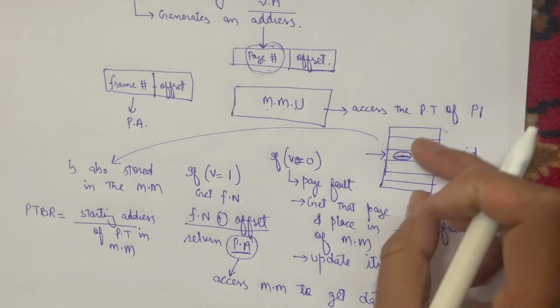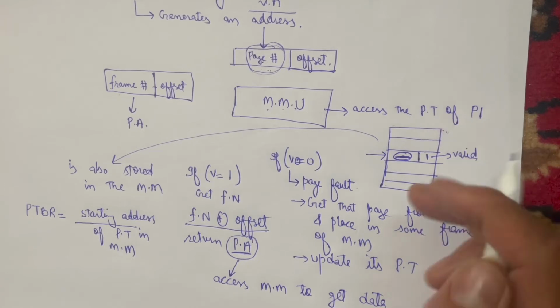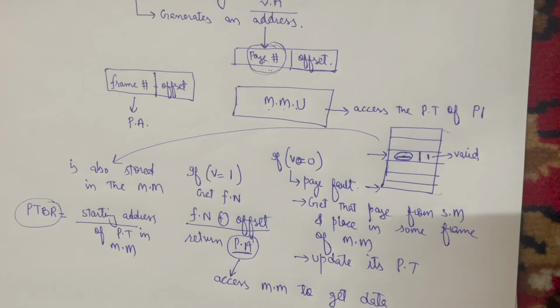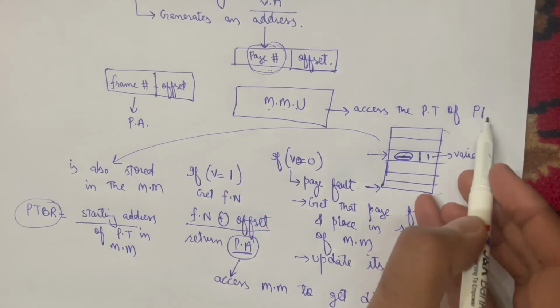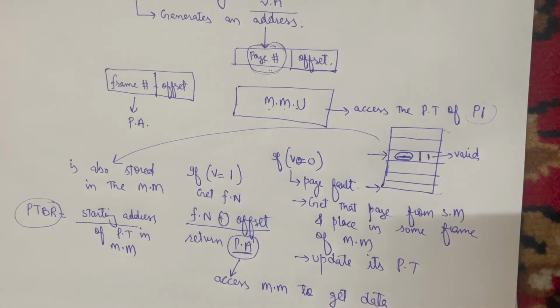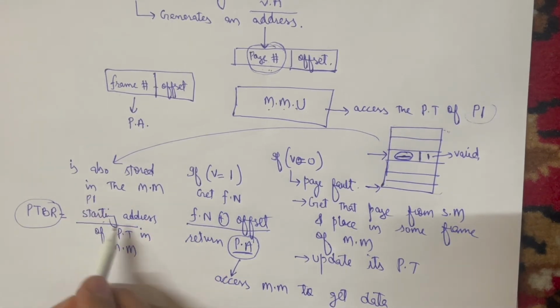So where this particular page table is stored in the main memory, that starting address is stored in the page table base register. However, currently let's suppose I am running P1. Now let's suppose I have context switched and I am running process P2. First we had the starting address of the page table of process P1.